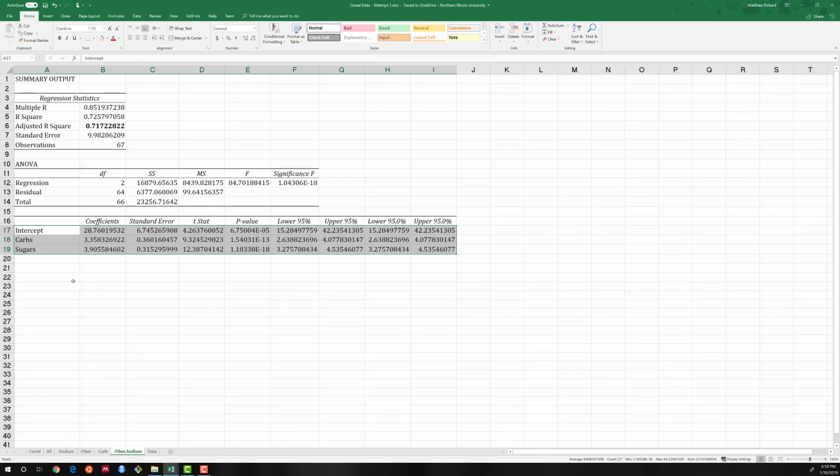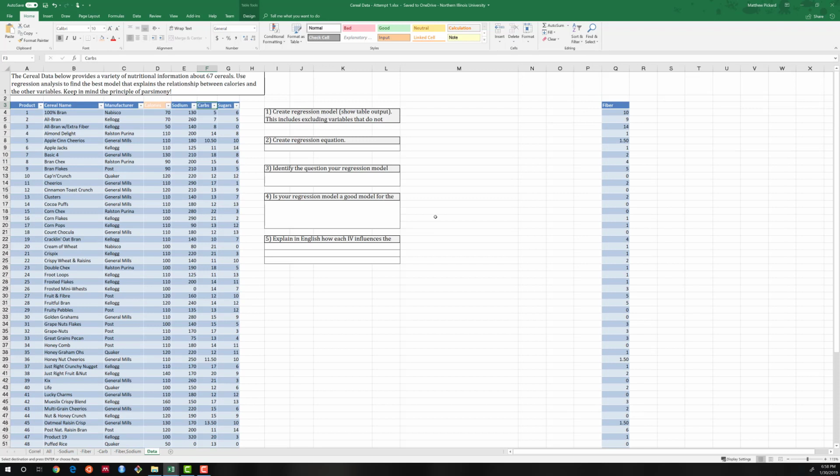But let's go ahead and say we took the fiber and sodium out and we accepted this model. Let's go ahead and answer the question, what would our final equation look like? I'm going to copy these over to our data. I'm just going to paste them down here below so we can see them.